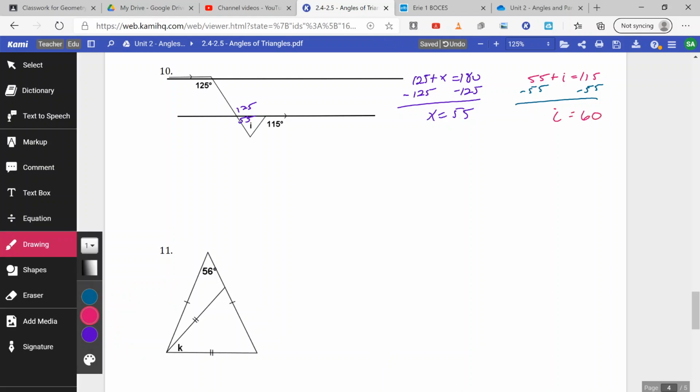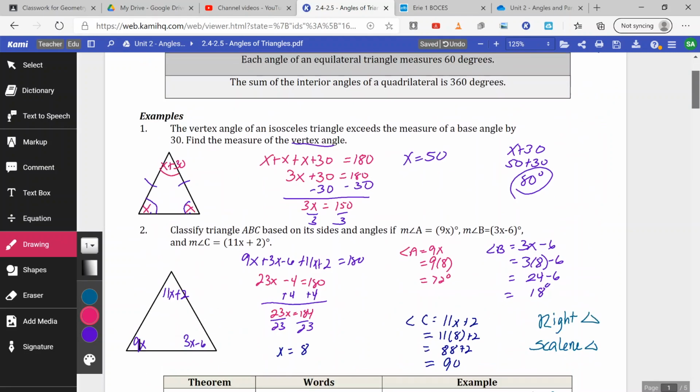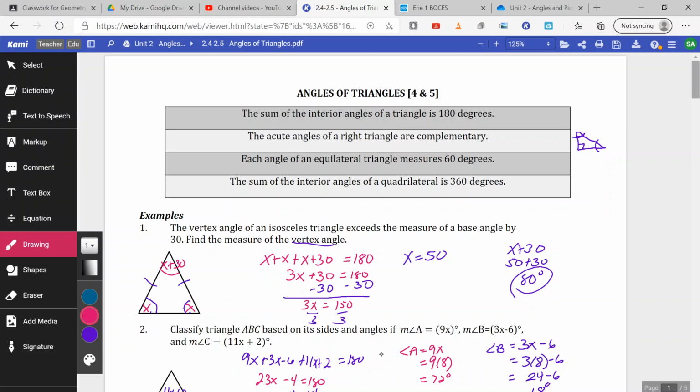So that one was pretty simple as well. Again, parallel lines cut by transversal, we have alternate interior angles. And then we know a straight line adds to 180 degrees, which means we can figure out this angle here is 55. And then the exterior angle theorem, add the two far angles inside and say equal to that outside.